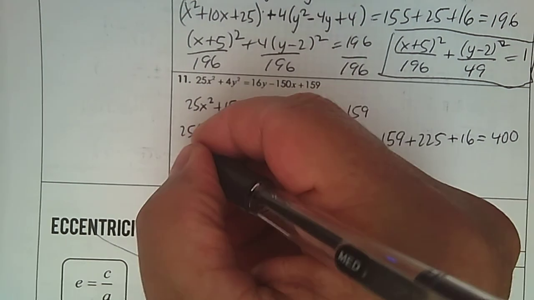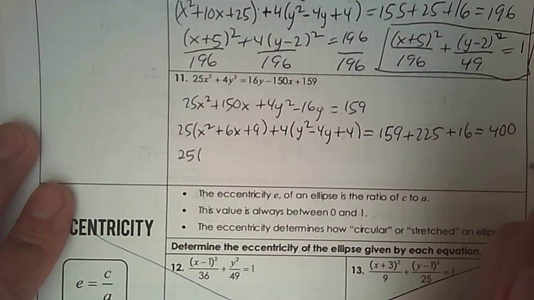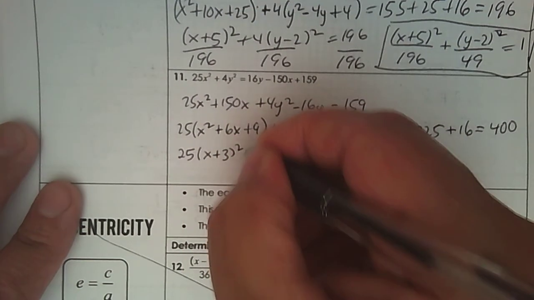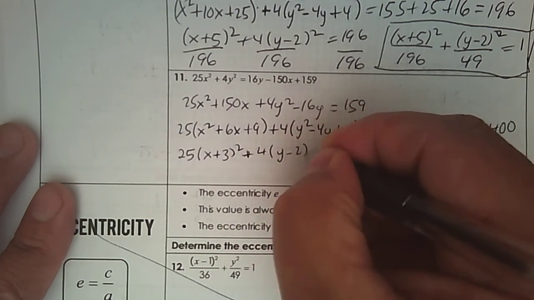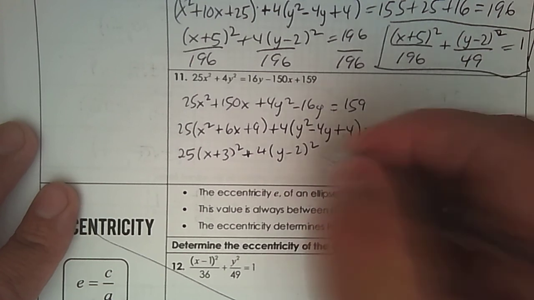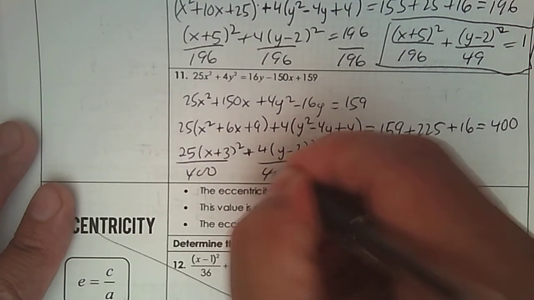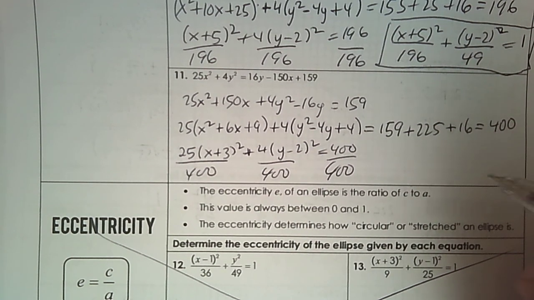Next, I'm going to factor. And then as I factor, I'm also going to divide eventually. That's x plus 3 squared. That's 4 times y minus 2 squared. And then 400. And then divide by 400, and that will give you your answer. So how many quarters are in $4?